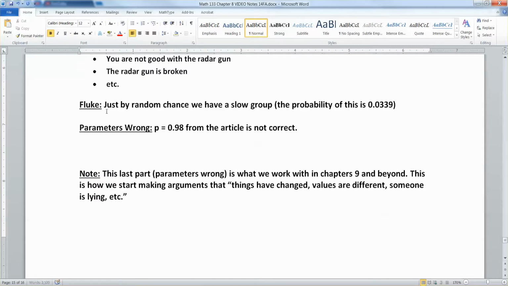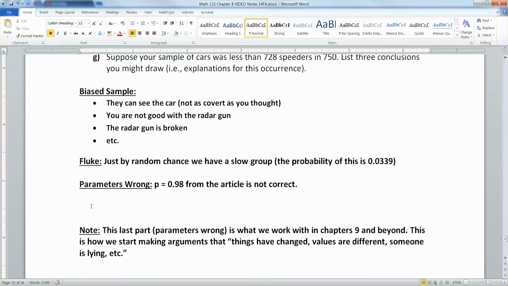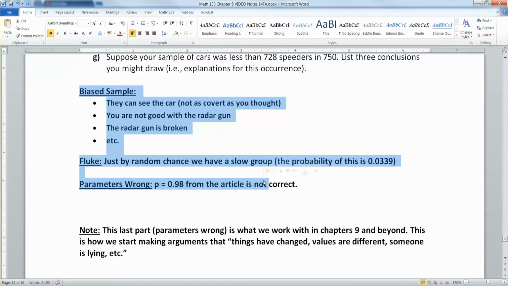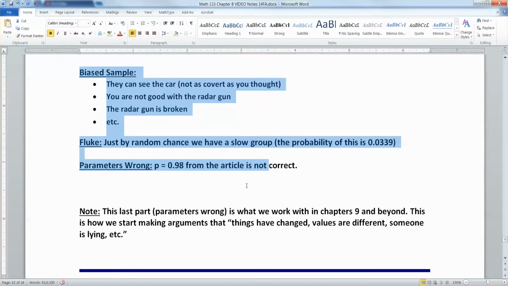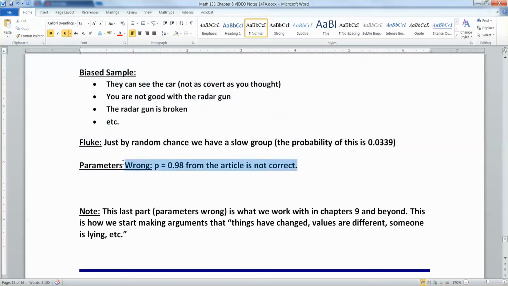And if those two things are not an option, that leaves you only one other option, and that is parameters are wrong, right? So you would have to explain each one of these three, say on a note sheet or on your exam or on a worksheet, that kind of thing, or in a project. But those are the three options. And this last one in particular is what we start working with in chapters 9 and beyond.